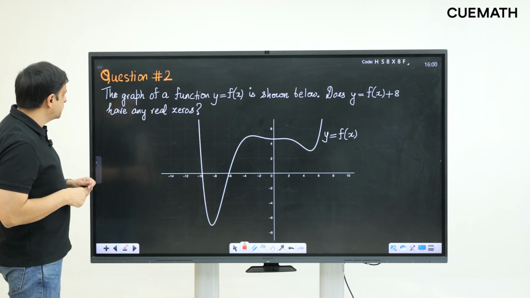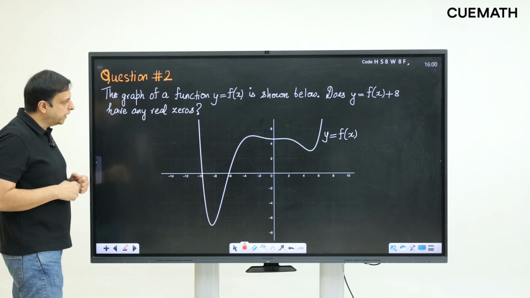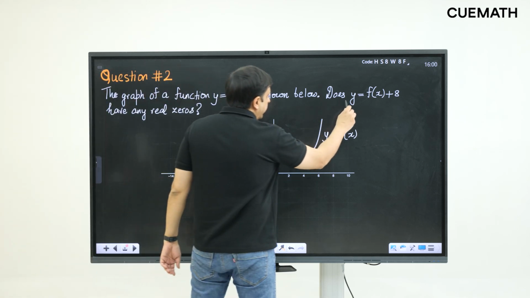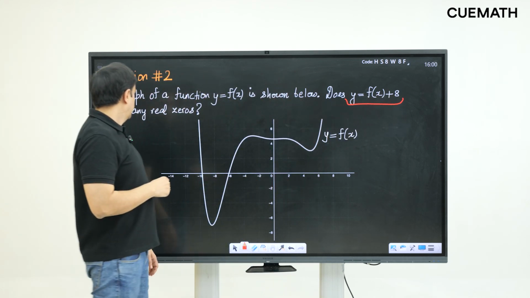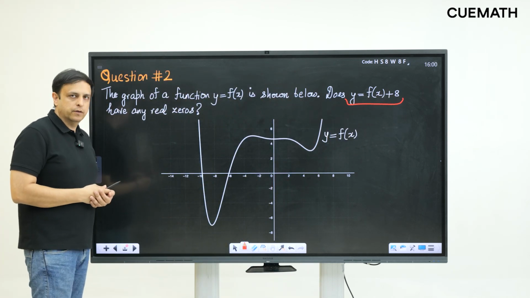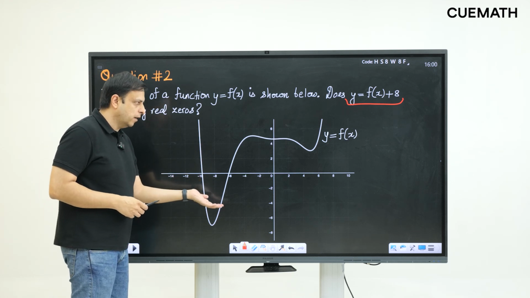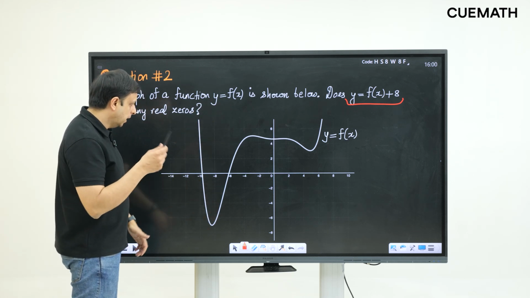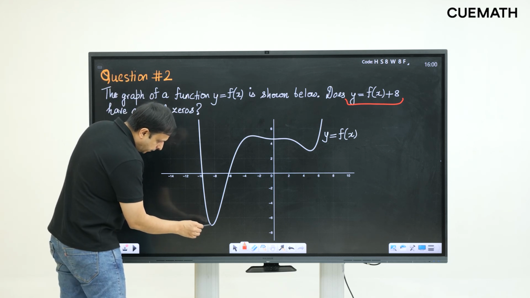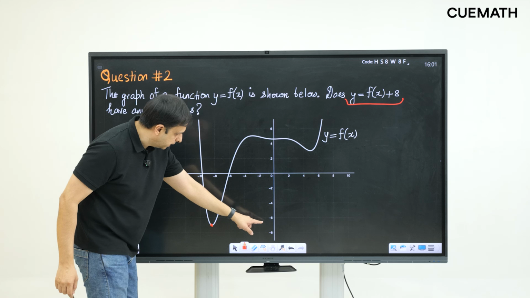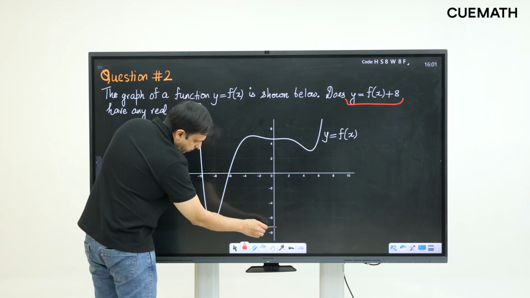And now let's look at question 2, which says the graph of a function y = f(x) is shown below. Does y = f(x) + 8 have any real zeros? So y = f(x) + 8 would be this same graph shifted vertically upward by 8 units. Now, if you observe this graph and see the minimum point over here, this minimum point has a y coordinate that lies above minus 8.